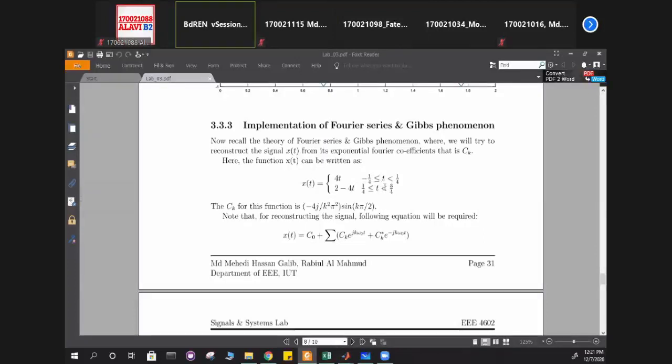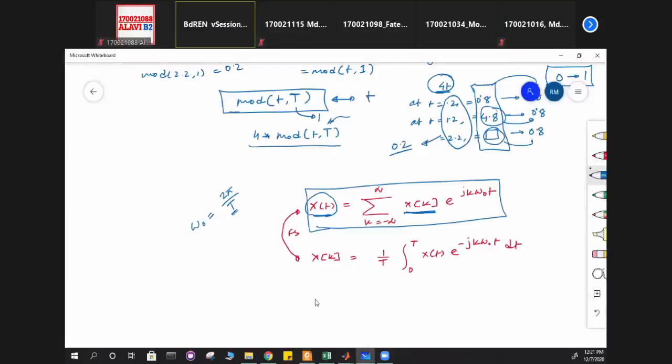In time, how much is that? 0.5? 1, yes, because it is in the time domain. From -0.25 to 0, then 0.5, and then 0.75.